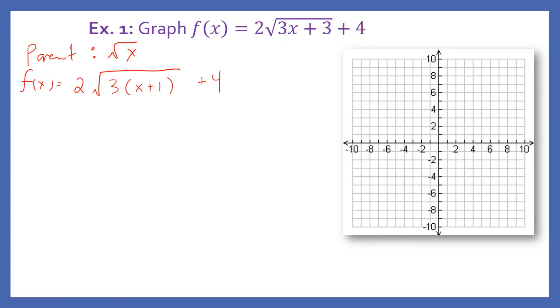Now we have an a, a k, a c, and a d. We're ready for our txy. So our k value is right there, x over 3 minus 1 because of that. 2y, that's our a, plus c.